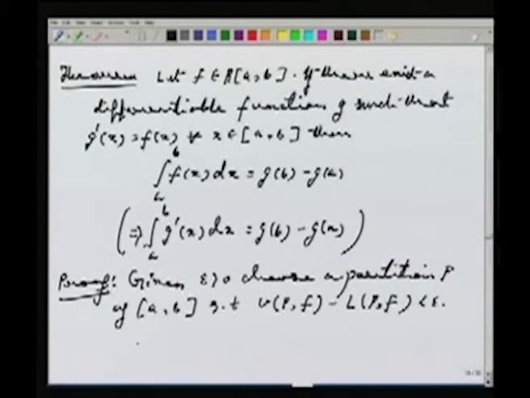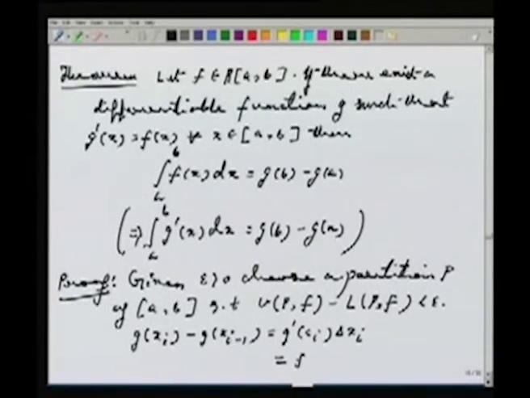Now I look at the quantity g(x_i) minus g(x_{i-1}). Since g is known to be differentiable, I can apply the mean value theorem, which would tell me that this is g prime(c_i) for some c_i times delta x_i, which is the same as f(c_i) times delta x_i.